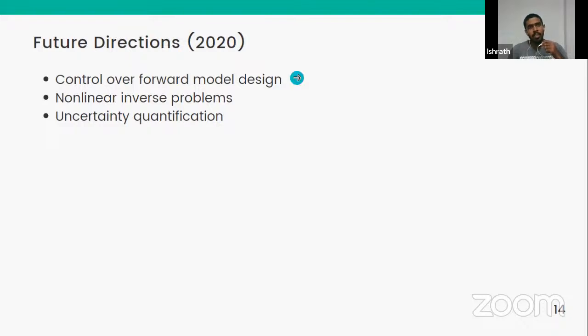One thing they suggest trying is to make the forward model learnable too, so we will have good reconstruction quality because we also learn the parameters of the forward model. Until that time, not much research had been done on this nonlinear inverse problem.